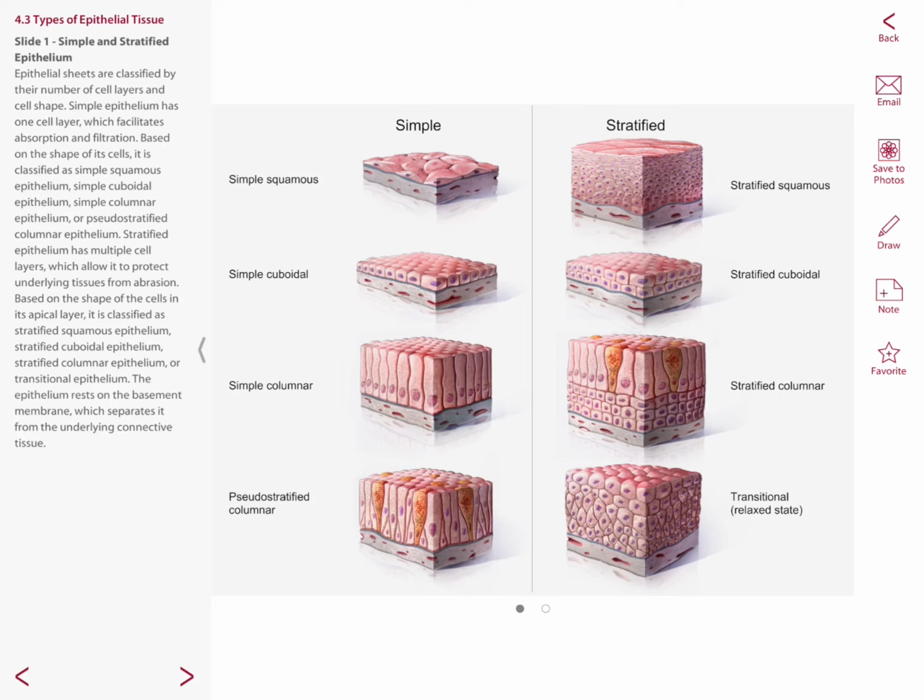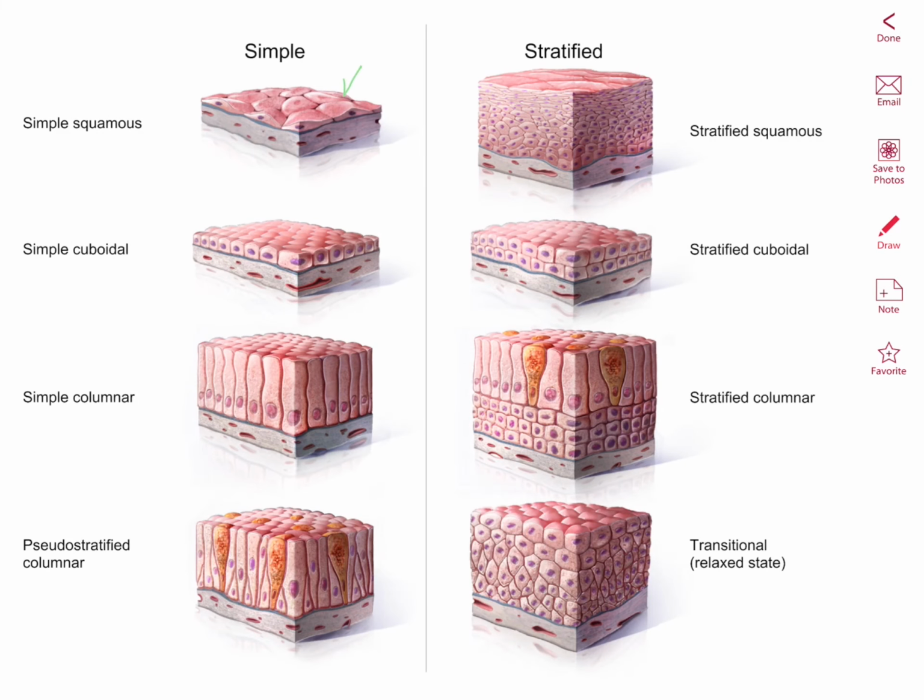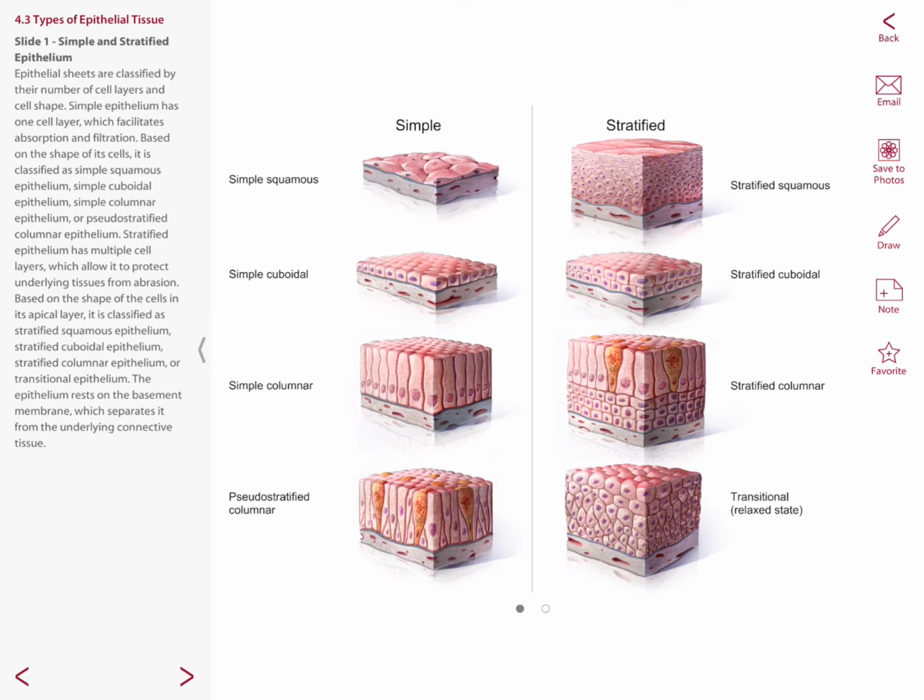For example, we are going to have an apical surface, which means that these cells generally have a top portion, right, in every single one of them. So that's the apical free surface. And there's going to be a basement membrane, which attaches the tissue to the adjacent floor, basically.